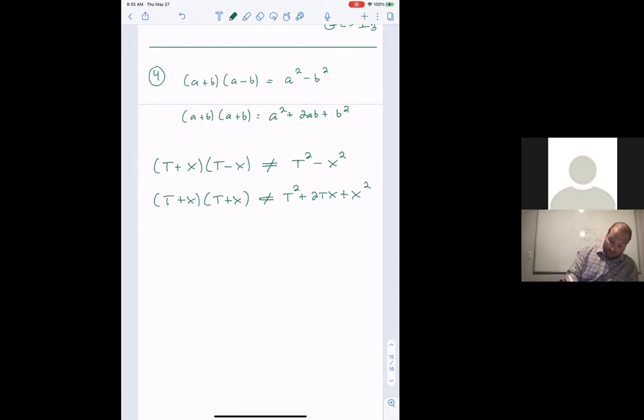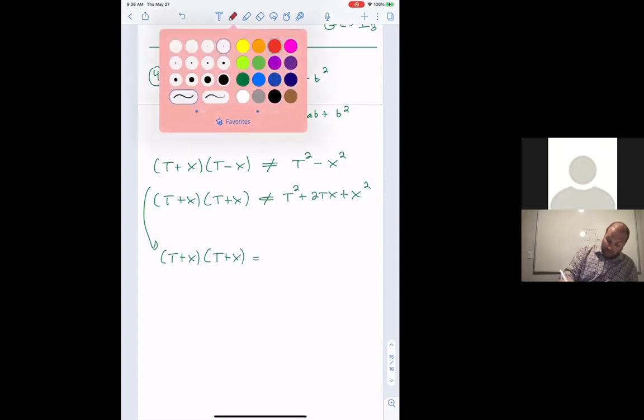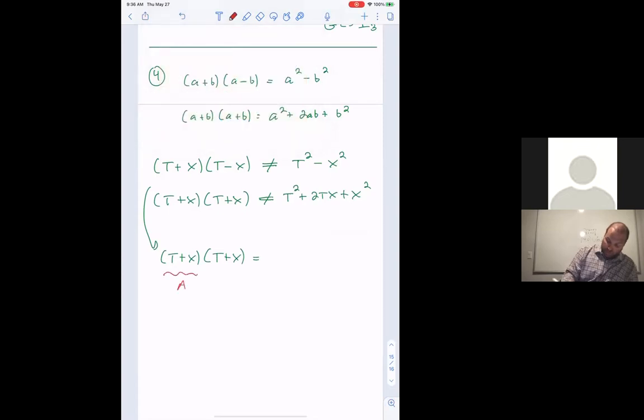So let's go through them. The first one, t plus x times t plus x. Well, I can distribute. I can consider the first entry here as one object A. So I get At plus Ax, where A is t plus x. And then I can distribute again.